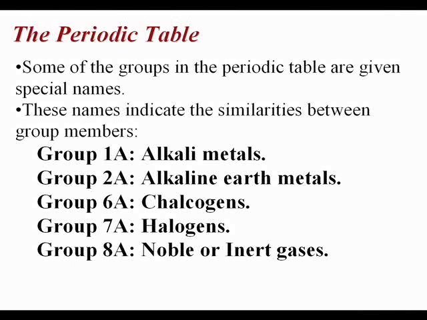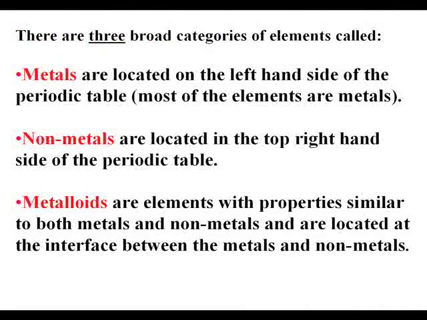Like I said, there are three broad categories. Metals are located at the left, and they have certain properties like luster. They are ductile, meaning you can draw them into wires. They are malleable. You can beat them into sheets.